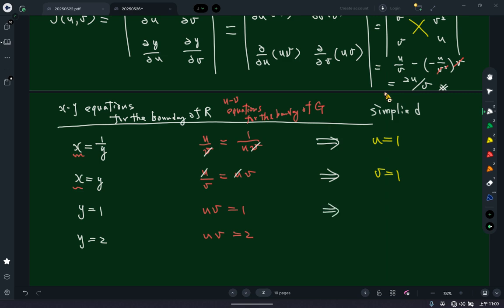Then this one, we can get uv is equal to 1, or we can either say u is equal to 1 over v, or v is equal to 1 over u. Both are fine, because they are just trying to express the same curve.